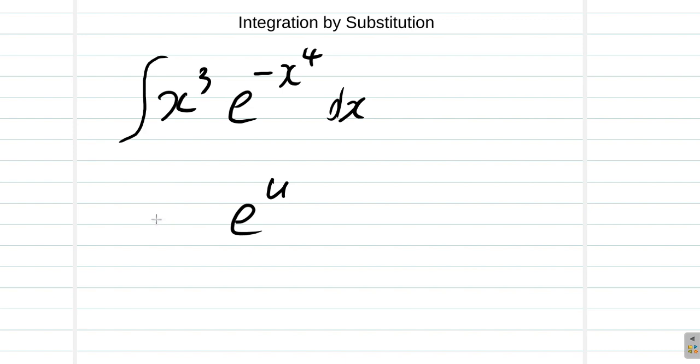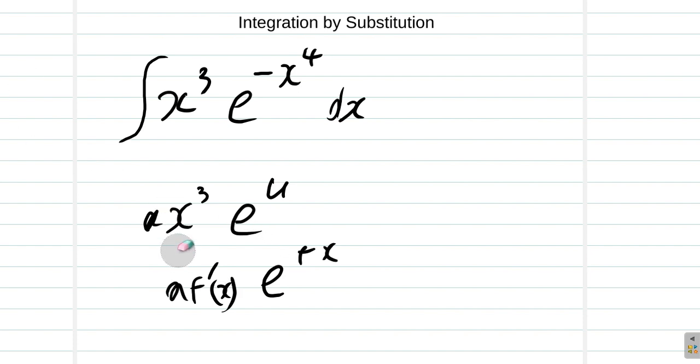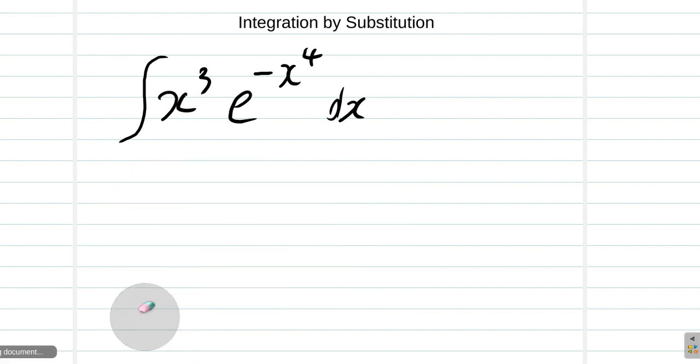So you have e to the f of x, times something times f prime of x. Therefore, you can use substitution. So let us see what is going to happen here.